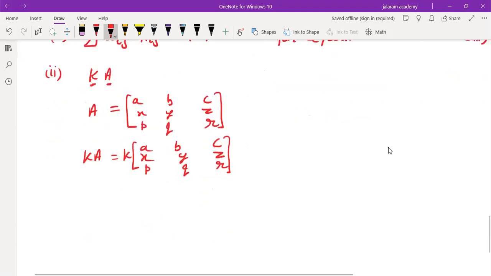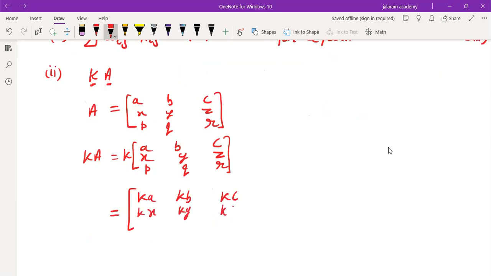We have to multiply all the elements of this matrix by K: KA, KB, KC, KX, KY, KZ, KP, KQ, KR.